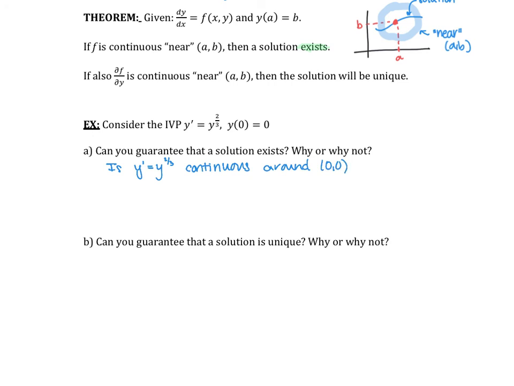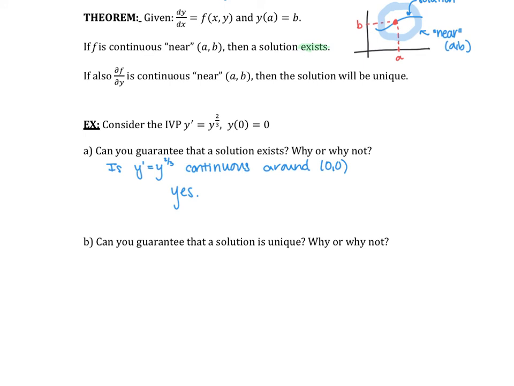Is this the case? If we picture this function, is it going to be continuous? And the answer to this is yes. What we can tell from this then is we know a solution exists at (0, 0). This solution that we can find exists at (0, 0). Okay, but can we guarantee this solution is unique?